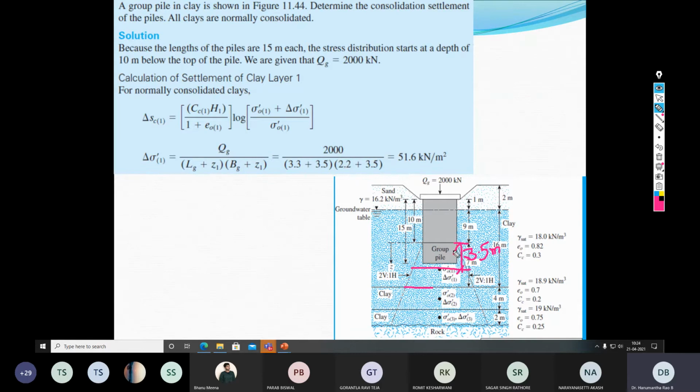So the delta sigma, the increase in effective stress at the middle of layer number 1, is 51.6 kilonewton per square meter. This is LG plus 3.5 in the length direction, and similarly in the width direction it is BG plus 3.5.